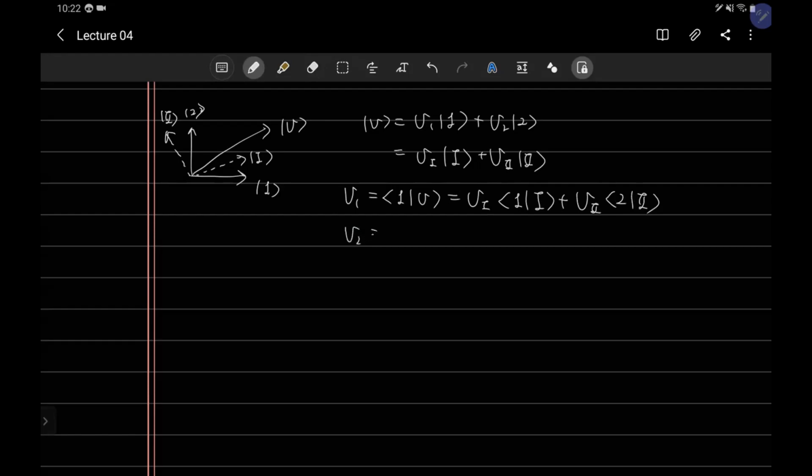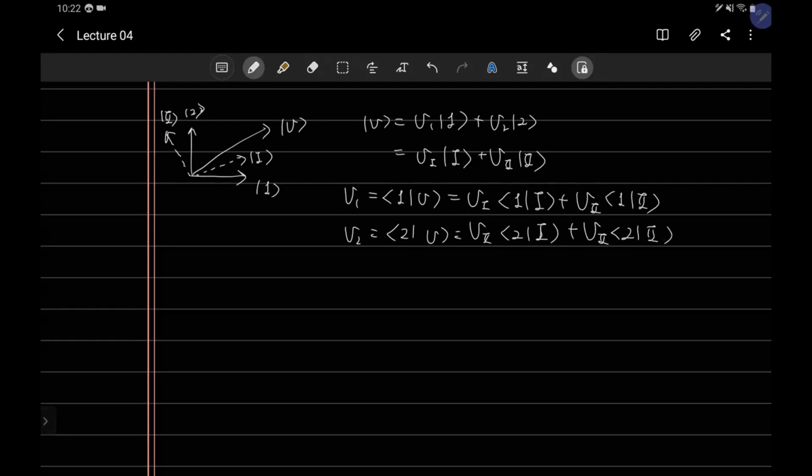Similarly, v sub 2 is 2 v. Oops, there was a mistake. Yeah, it was 1, and now it is 2 and 2.